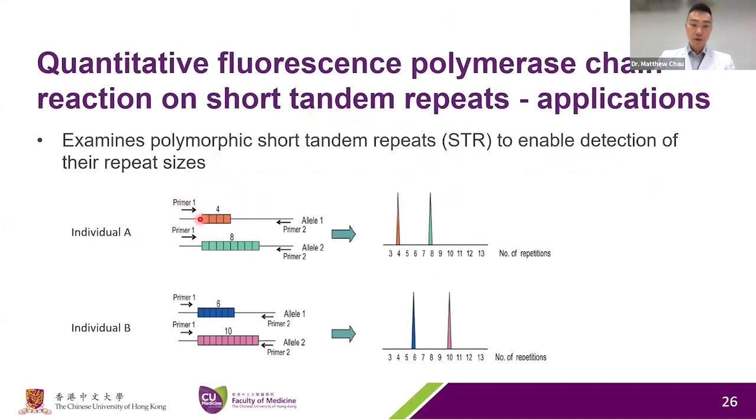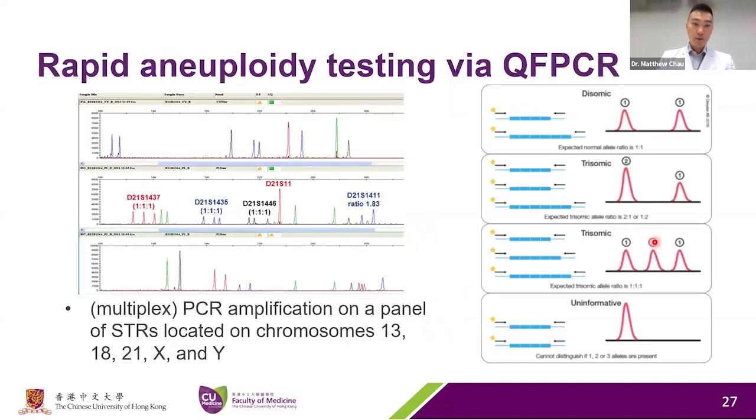So different individuals can have different repeat numbers, and by PCRing the region and sizing them through capillary electrophoresis, we can then differentiate different alleles in different samples. So for example, patient A has repeat size of 4 and 8. Patient B has a repeat size of 6 and 10. And we can multiplex this into panels to investigate these STR markers across multiple chromosomes.